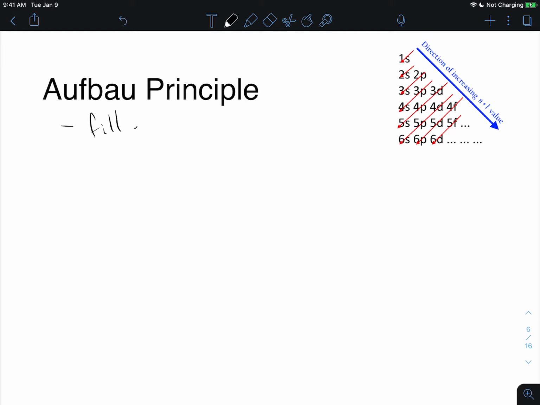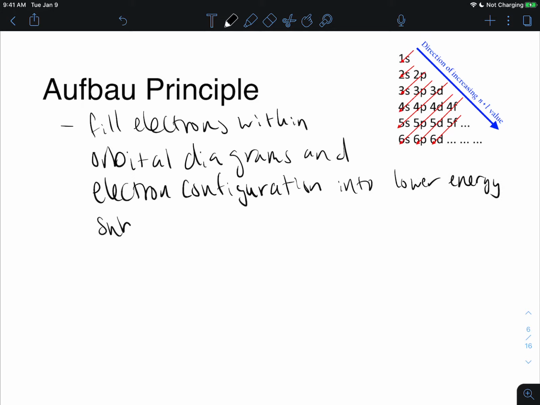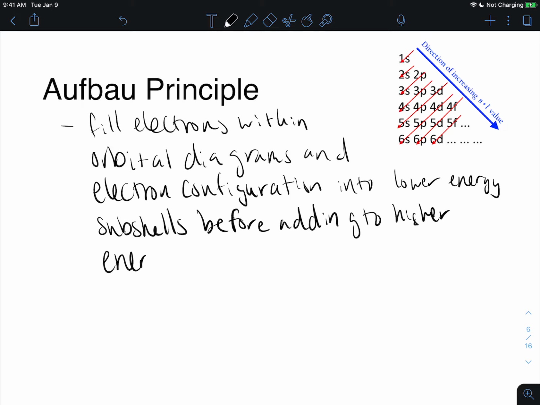So fill electrons within orbital diagrams and electron configurations into lower energy subshells before adding to higher energy subshells.